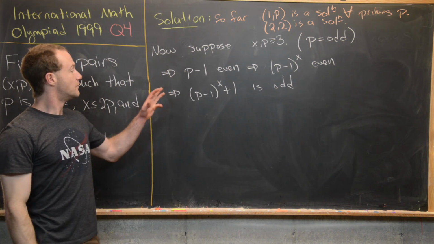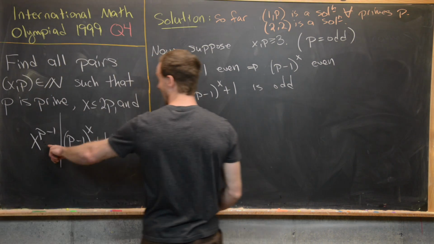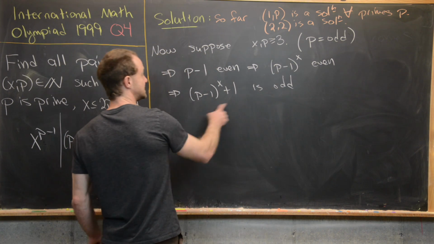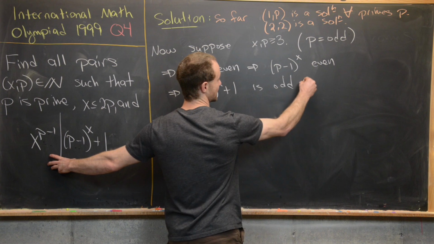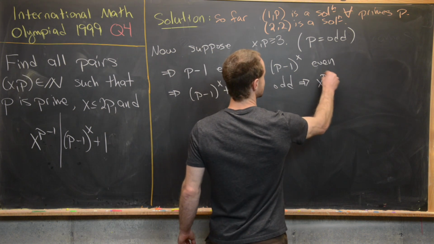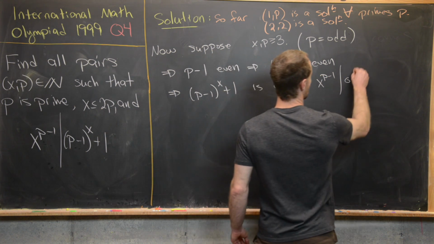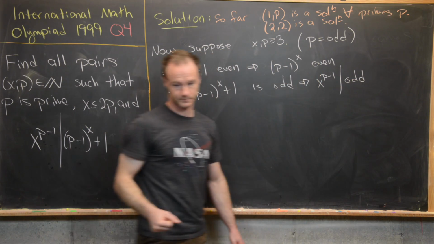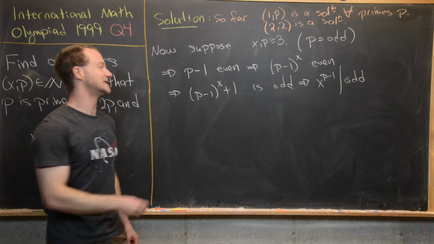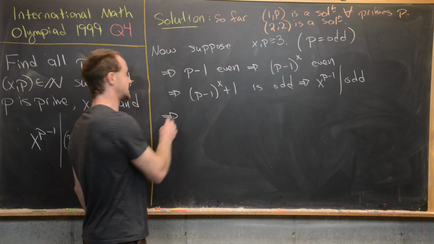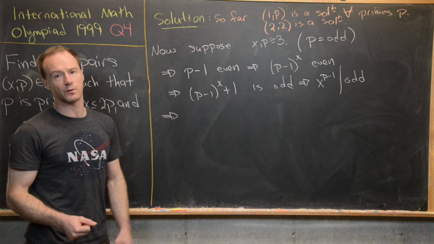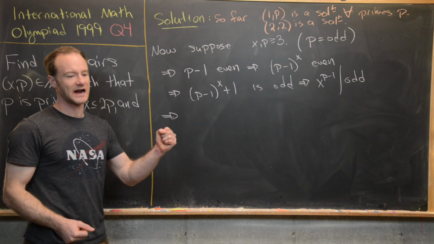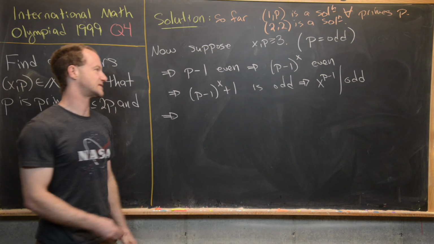Okay, great. But notice that we have x to the p minus 1 divides this thing right here. That's kind of our given setup condition. So that means x to the p minus 1 divides an odd number. But that means it's impossible for x to the p minus 1 to be even. Because if x to the p minus 1 were even, you'd have an even number dividing an odd number, but that's impossible to happen.